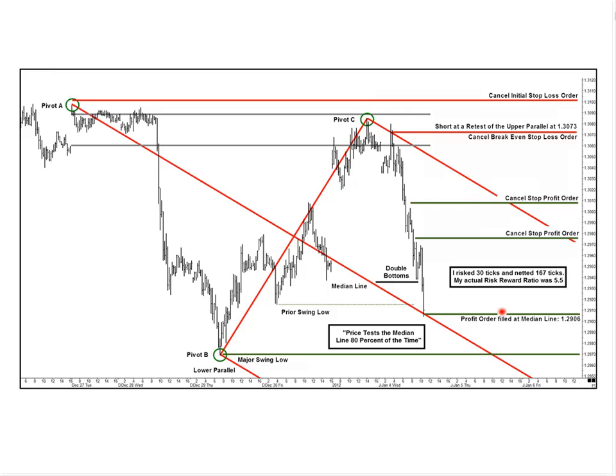And last, there's that little button that says pull my orders, or pull all my orders, cancel all orders. Hit that button about 3 times. Drives Cynthia crazy. Because the last thing you want to have happen is to have this stop profit order sitting there and forget to pull it if you got filled on the profit order.